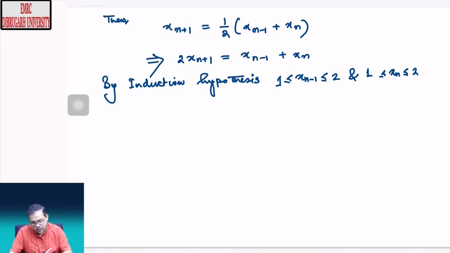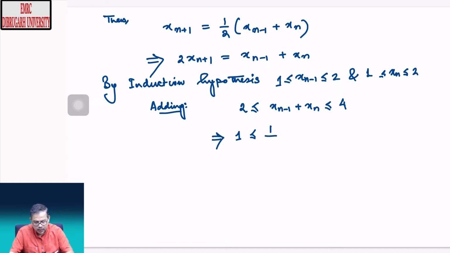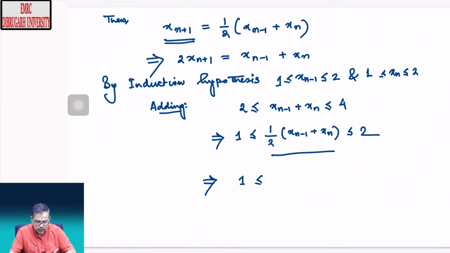Adding these two inequalities, we will get 2 is less than or equal to x n minus 1 plus x n, which is less than or equal to 4. And therefore, if I multiply it by half, 1 is less than or equal to half of x n minus 1 plus x n, which is less than or equal to 2, and this is the value x n plus 1.